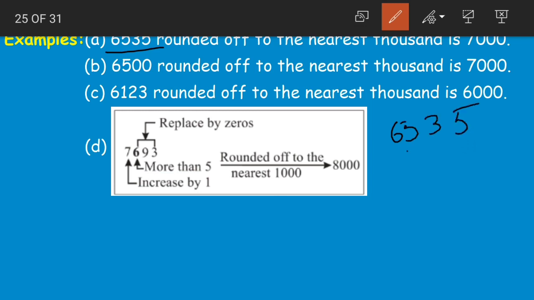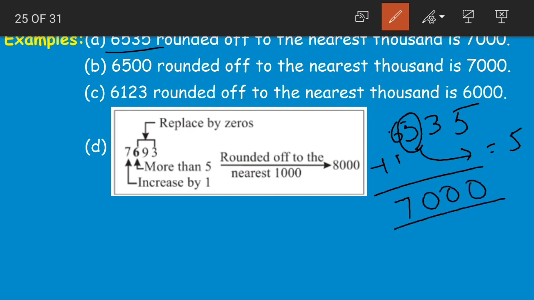Now how to round off? We are rounding off to the thousands. So look at the digit in hundreds place. It is equal to 5. So we add 1 to the digit in thousands place. 6 plus 1 becomes 7, and all the remaining digits become 0. So 6535 is rounded off as 7000.